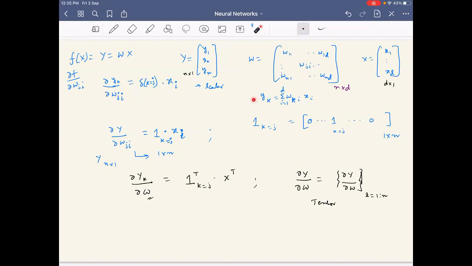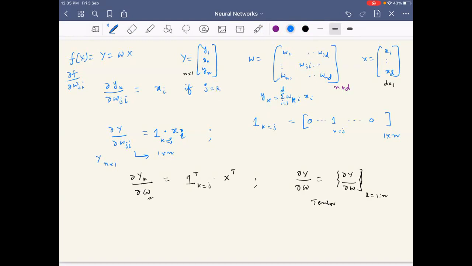If we see ∂Yk/∂Wji, where j is not equal to k, it is equal to 0. So more specifically, this can be written as follows: ∂Yk/∂Wji is equal to Xi if j is equal to k.